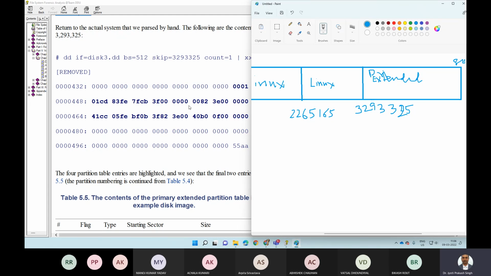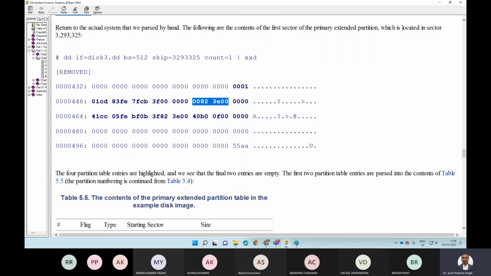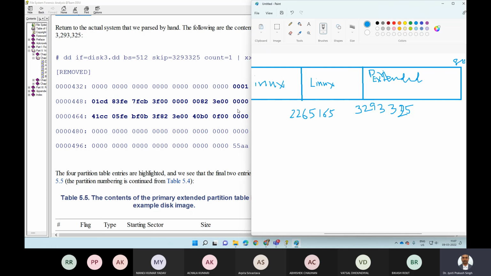And in that extended partition, the total length of that partition will be this one, and it starts at this address. So you can think, where is this address? You can convert it into binary and check where it will go.